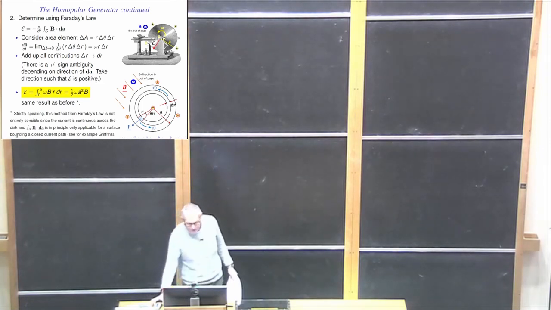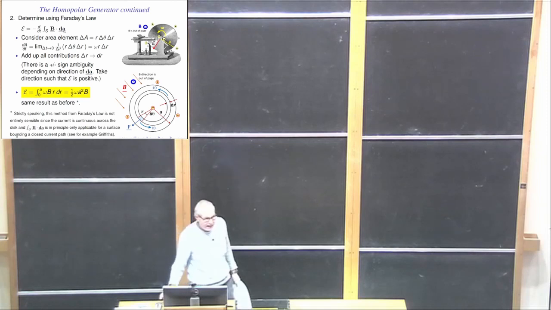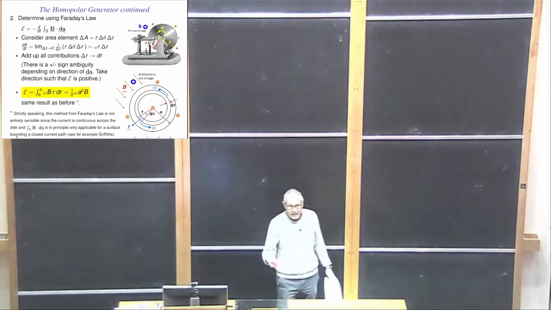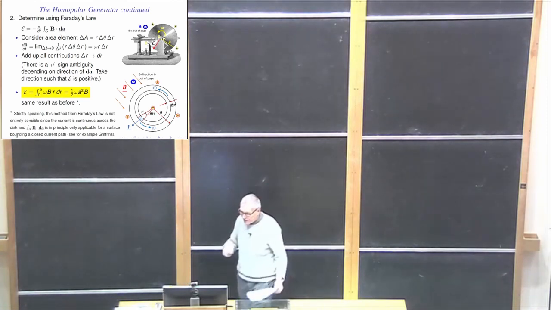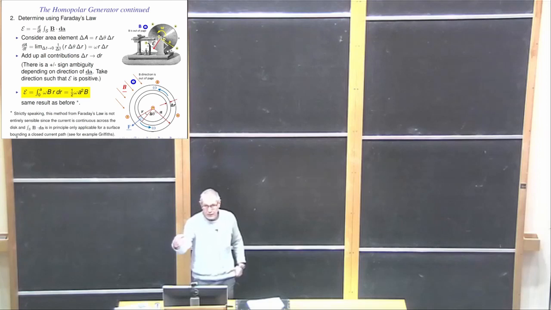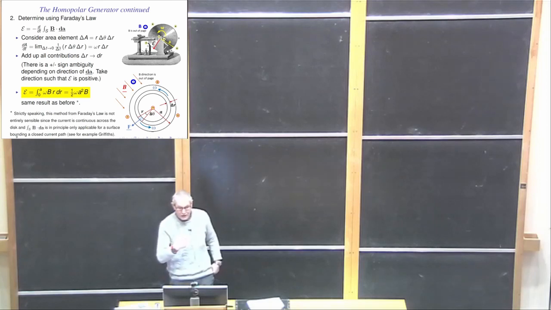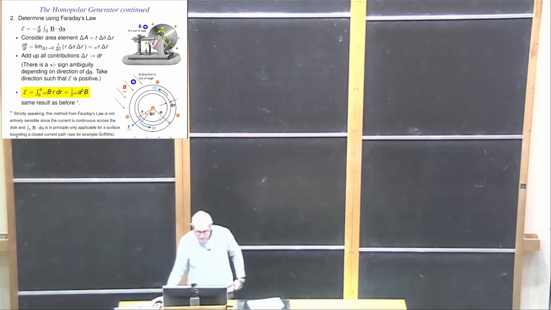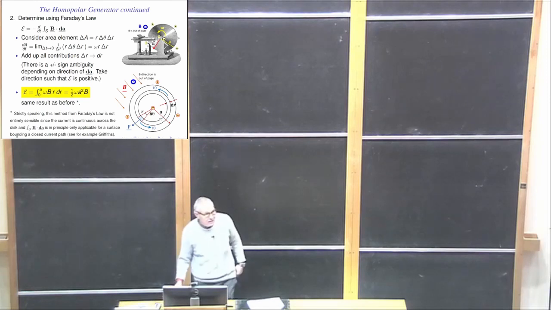It's a fudge because it depends entirely on the sign that you take for dA in the calculation of the flux. When I calculate the flux, I can take dA going into the page or coming out of the page. And the question is, which one is it?